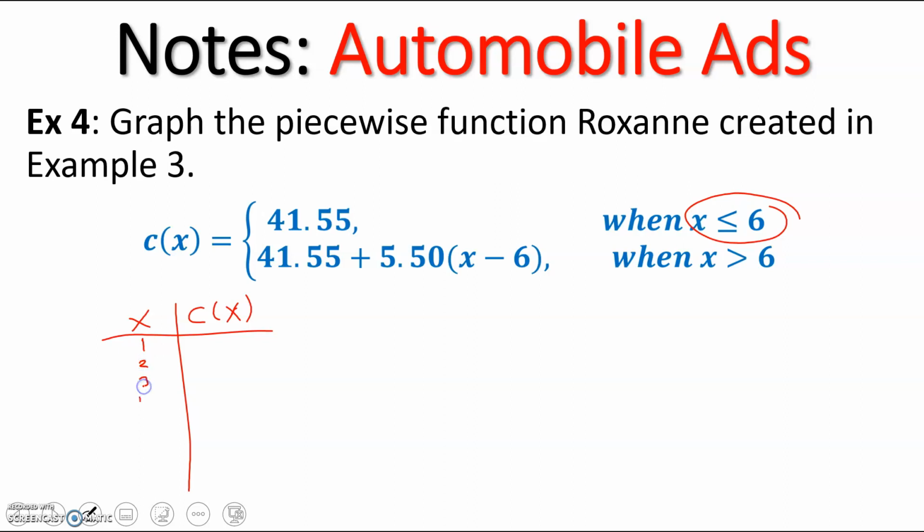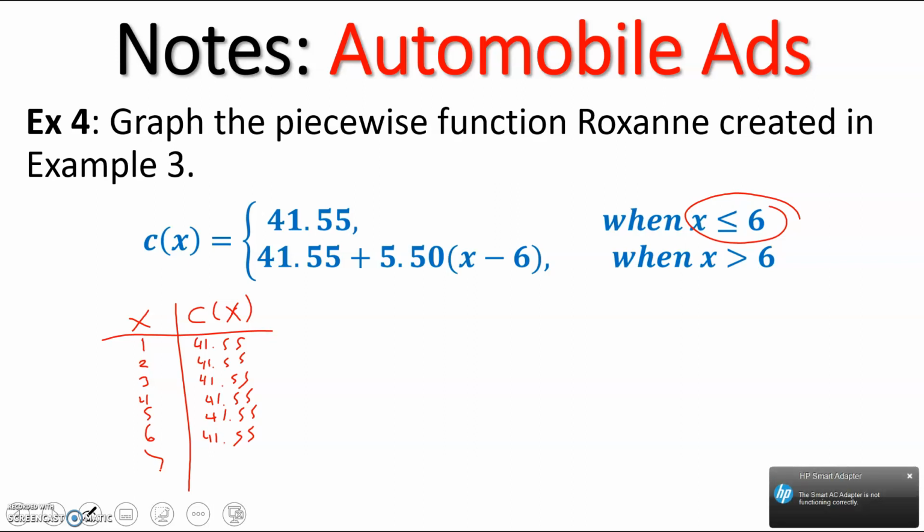So 1, 2, 3, 4, 5, 6 will all be 41.55, and so on, right? So if we're going to plot those points on the graph, we could see that they will all be the same. Okay, when we get to line 7, we know it's 41.55 plus 5.50. So that's going to take us up to, what is that going to be? 47.05, right? So 47.05. And then we would add another 5.50 and so on.